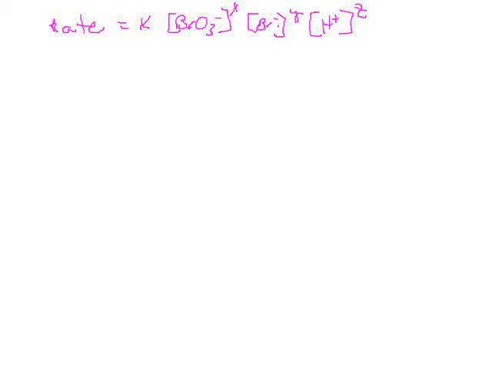So the way we do that is we compare experiments. You'll notice from the table that in some experiments the concentrations remain the same and some of them changed. So the first thing I'm going to do is find out what X is, for BrO3. So I'm going to compare experiment number 2 to experiment number 1. And I just plug in to this general formula. So the rate of experiment number 2 is 1.6 times 10 to the negative 3. K is a constant.